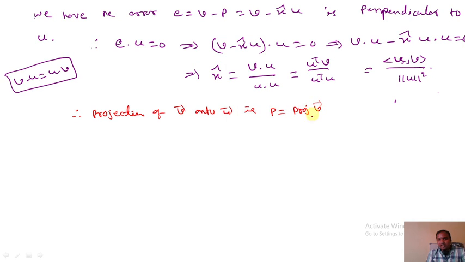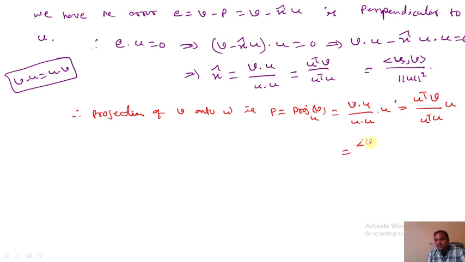Notation is a projection of V. This is V. V onto U equal to, see, projection means x hat into U, that is P equal to x hat, which is this one: inner product of V dot U by U dot U into U. The same you can write as U transpose V divided by U transpose U into U. Some books write the inner product the same way, this is V comma U. This is U cross U, which is norm U square.